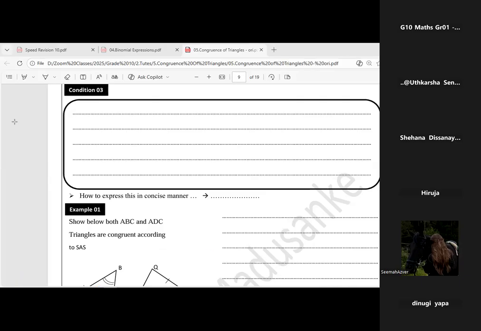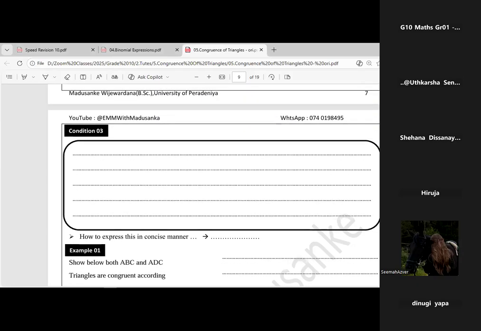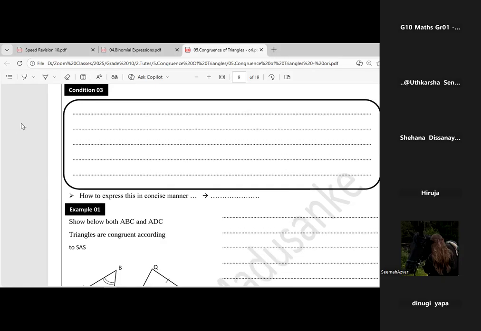Later I will explain what this is. This is on page 8, condition number 3.